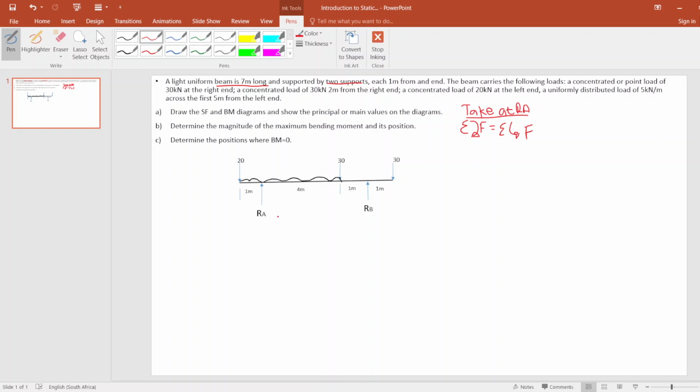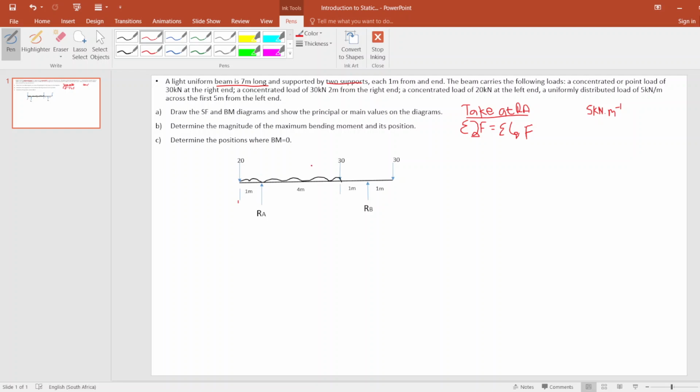Now, before we can calculate our reactional support, we have to convert the UDL into a concentrated load. We are given the UDL as 5 kilonewton per meter. When you convert it, you need to multiply by the displacement. From this point to where the reactional support is, the displacement is 1.